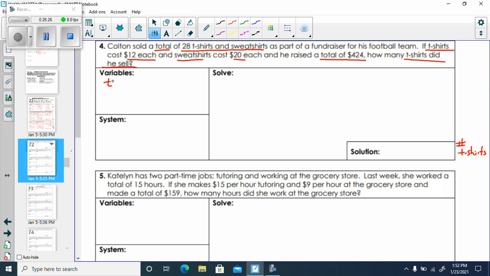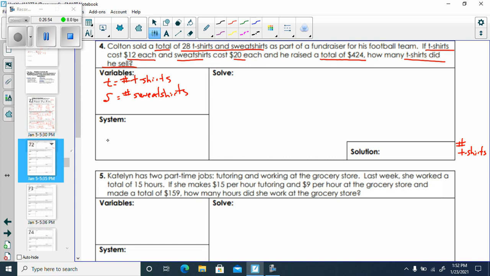What if for the variables I'll say T is equal to, and see, we're looking for number of t-shirts. This is the number of t-shirts sold, right? How about if I use S for the number of sweatshirts? That's two good things from our variables, right?